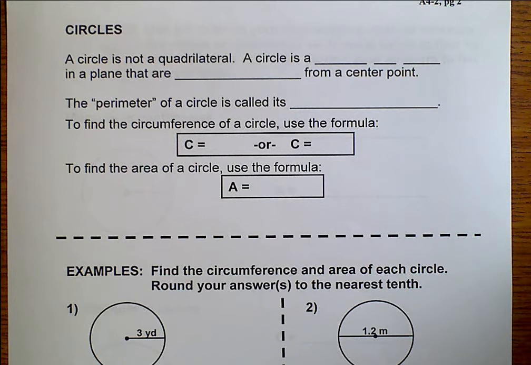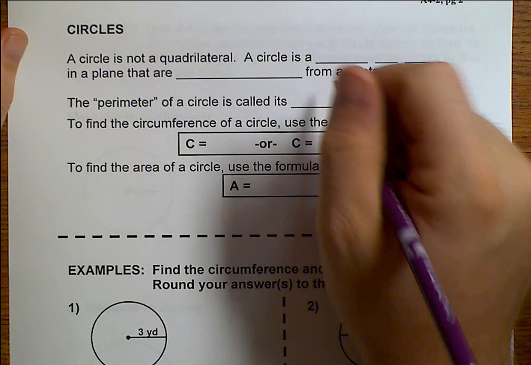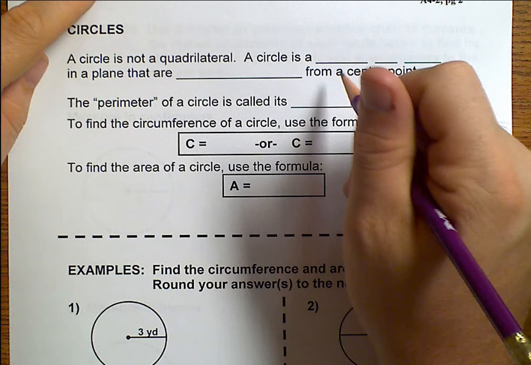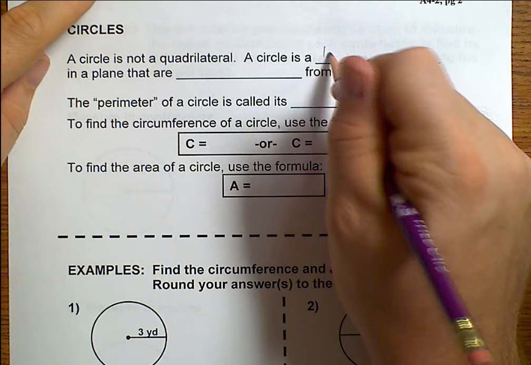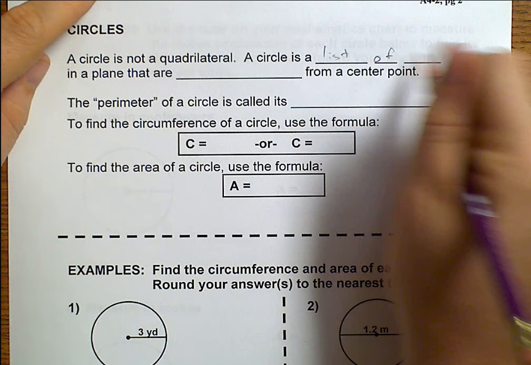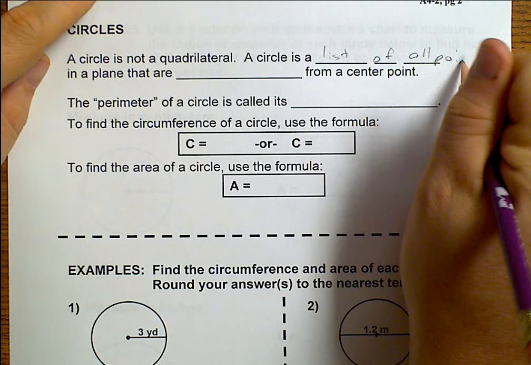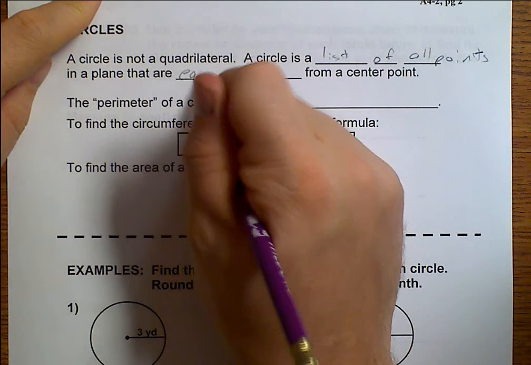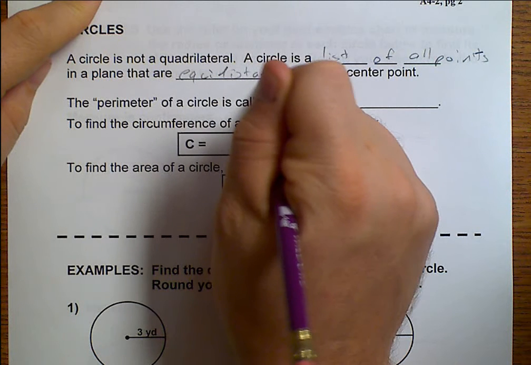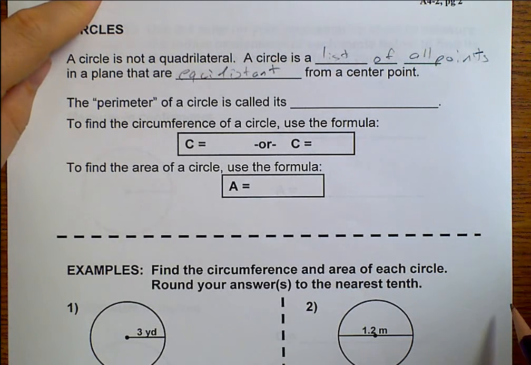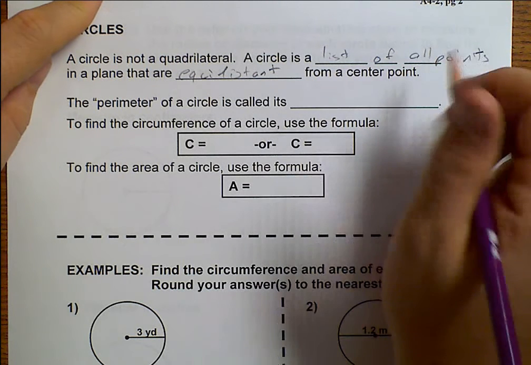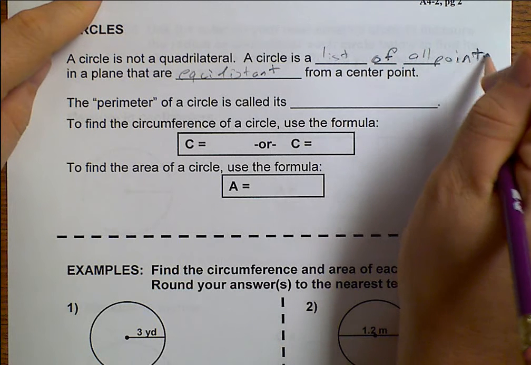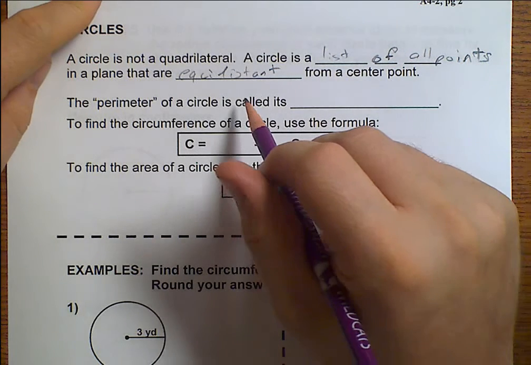A circle is a list of all points in a plane that are equidistant from a center point.